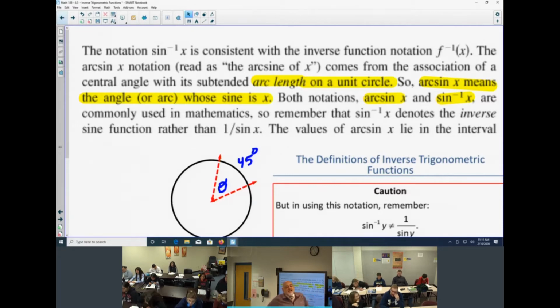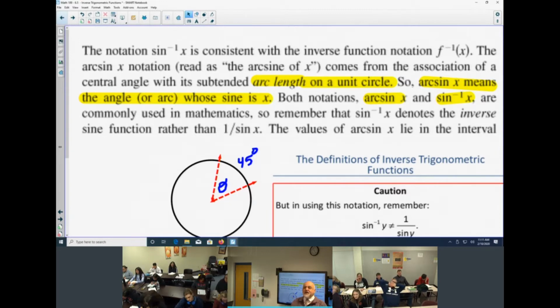So let's say that you're an architect and you want to build a staircase, or maybe a ramp, and you want your ramp to have this length and this length. Well, by using an inverse sine, you can figure out what the angle should be that you make the ramp.